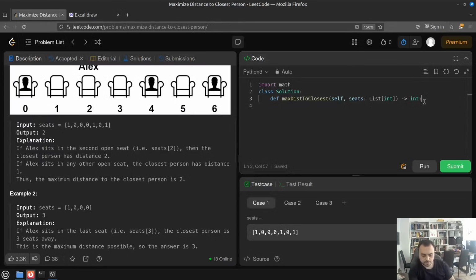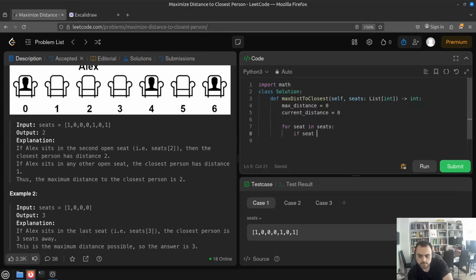So we can have max distance equal to 0, and current distance also equal to 0, and we simply iterate through seeds.